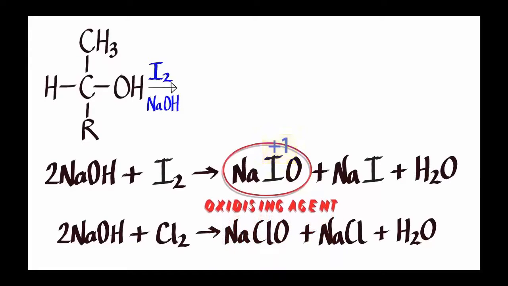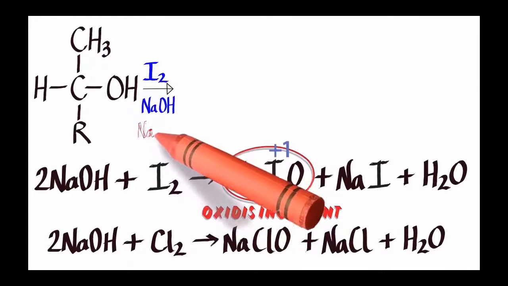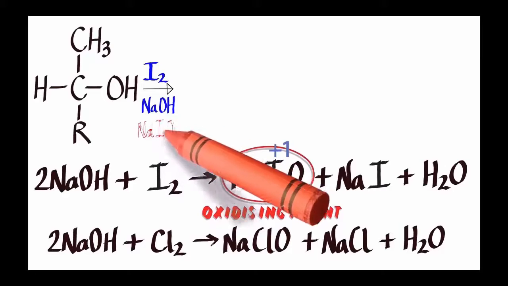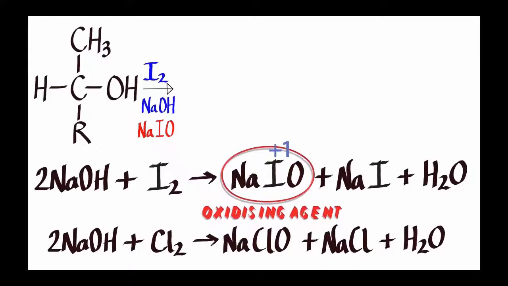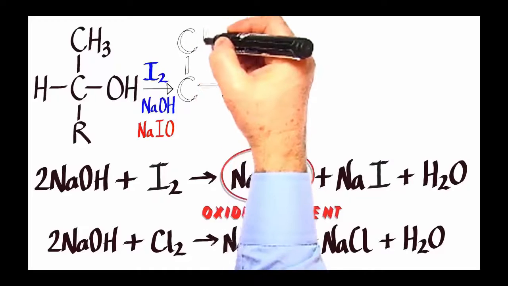Now, if that oxidation number can be reduced, and of course it can be reduced, for example, to 0 in the element or to -1 in the iodide ion, then it's capable of being reduced and therefore can behave as an oxidizing agent. And that's what goes on here in the first step of the iodoform reaction for alcohols. Iodine and sodium hydroxide then react as shown in the equation below there to form sodium iodate(I).